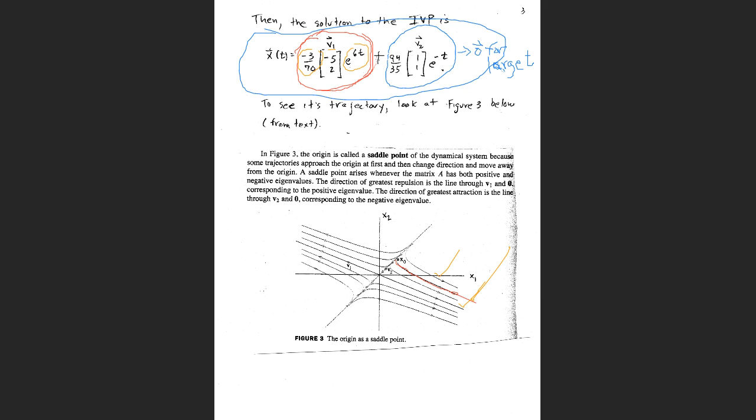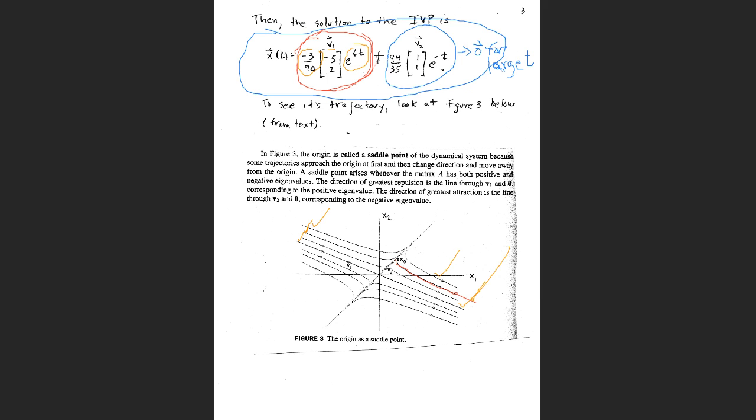It doesn't matter what the initial condition is. It doesn't matter where the particle starts. All the solutions, as t gets big, follow a path that is a multiple of the first eigenvector.